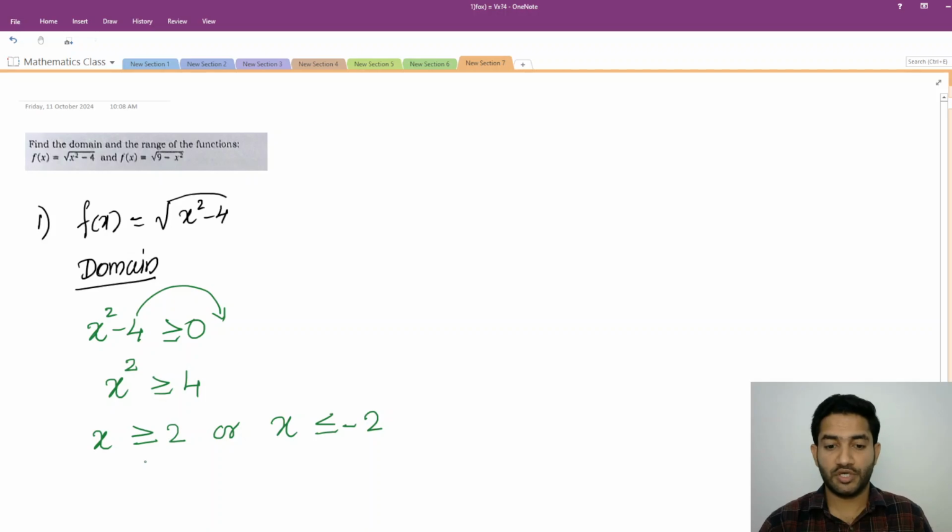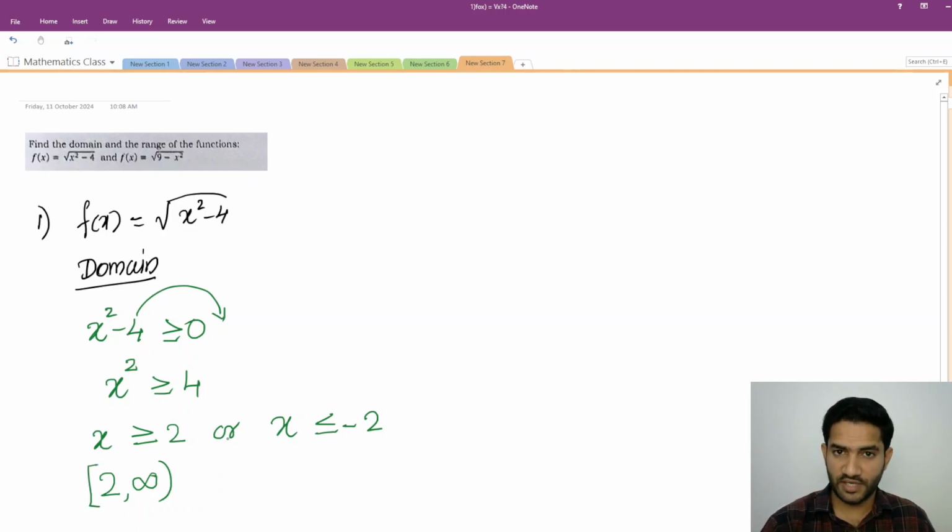But we want to use intervals here, or brackets. X is greater than or equal to 2. How can we write it in interval form? Equal to is there, so 2, and it is greater than 2, so 2 to infinity. Here it is closed, open. Or in set notation, or means the union. X is less than or equal to minus 2.